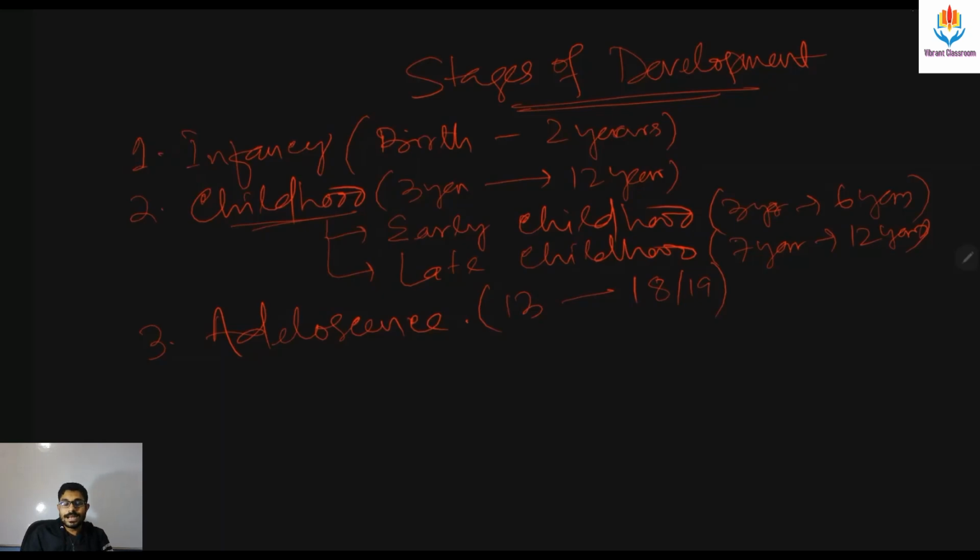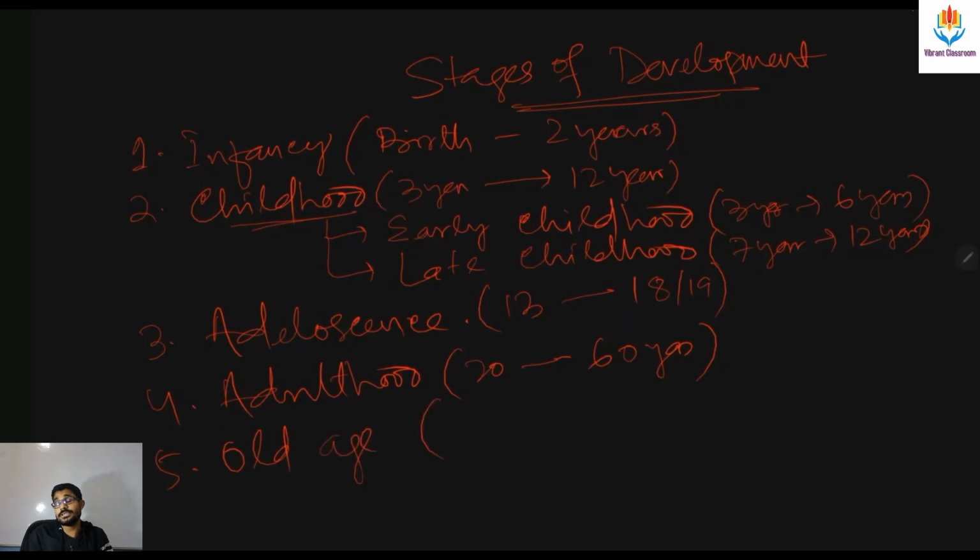After adolescence, the fourth stage is adulthood, which starts from 20 years to 60 years. The last stage is old age, which is also the retirement age, 62 onwards.